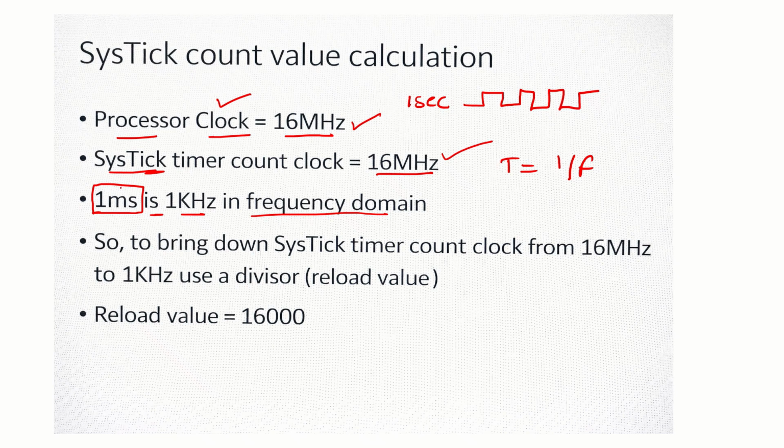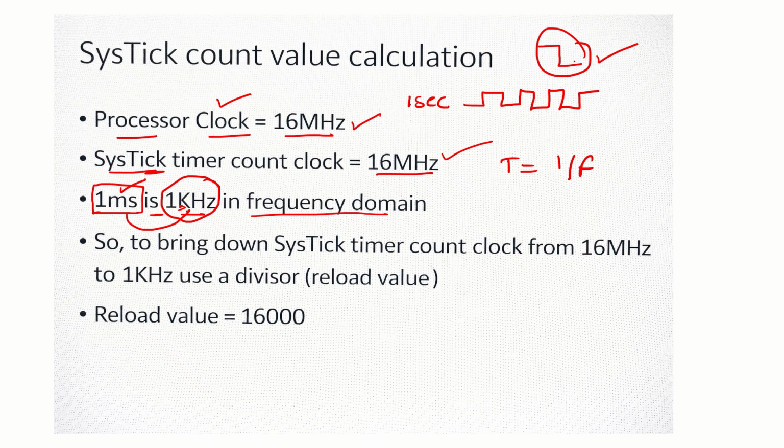Here we know the time is 1 millisecond, so if you change it to frequency, 1 by 1 millisecond is 1 kilohertz. So you have to trigger an interrupt at 1 kilohertz. 1 hertz means 1 positive cycle and 1 negative cycle combined, so 1 kilohertz means 1000 such cycles.